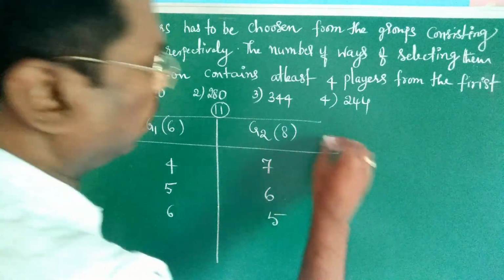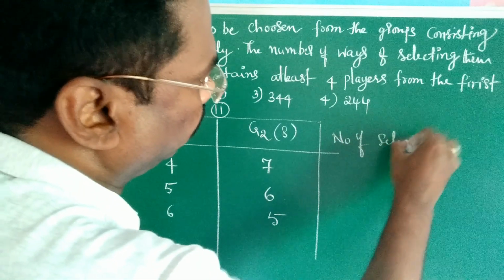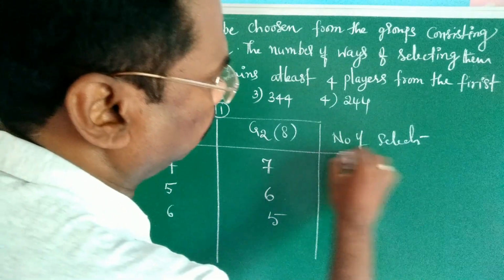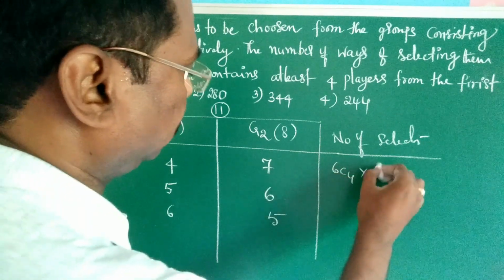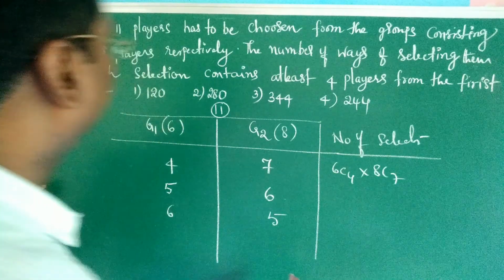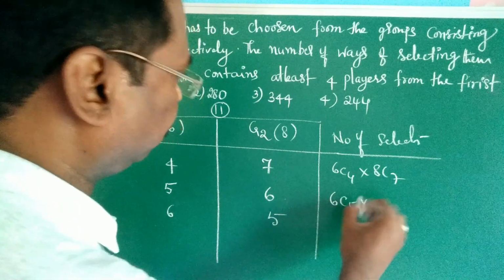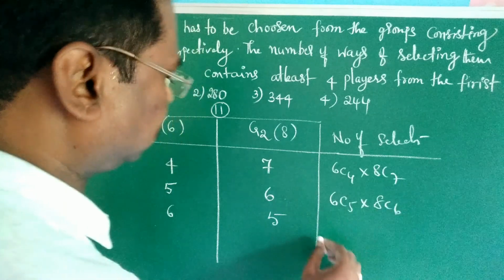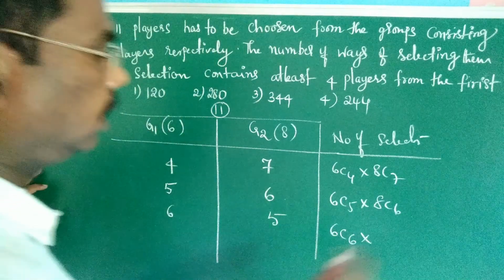Now the number of selections is equal to 6C4 into 8C7, next 6C5 into 8C6, and 6C6 into 8C5.